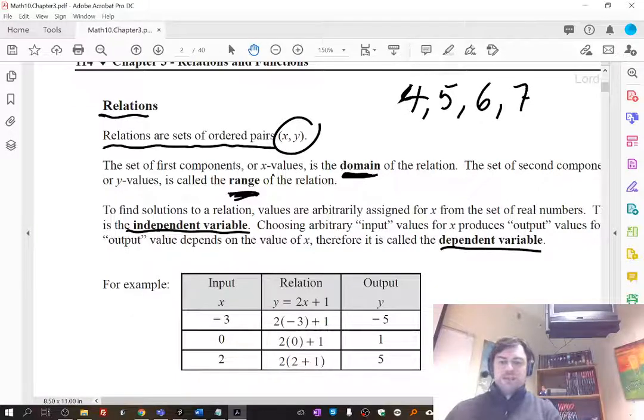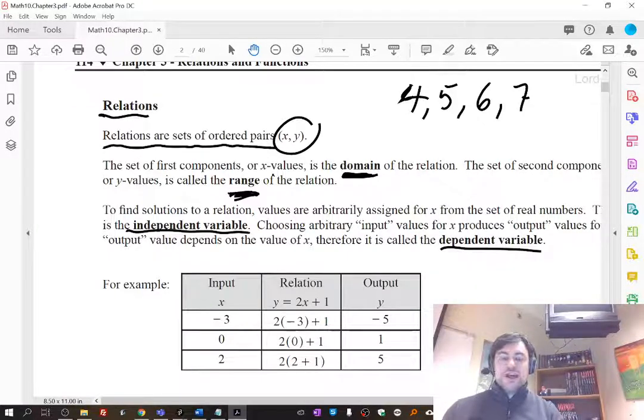So what do we mean by an independent variable versus a dependent variable? An independent variable is the one that you have control over. In a job, do you have control over the money you get at the end or the number of hours you work? Sometimes you have control over neither. But you have more control over the hours you work, right? You can say, I'm calling in sick, and that's going to change the number of hours you work.